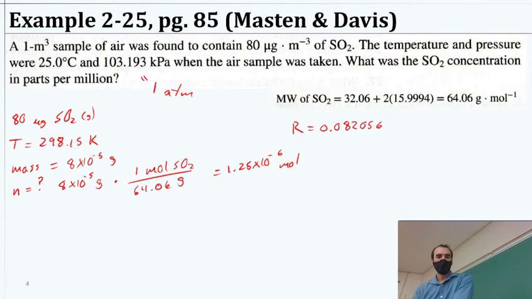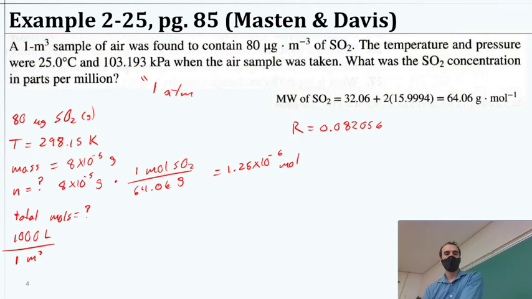All right. So that said, I wanted to know total moles in that 1 cubic meter. What we can do is say, well, we know there's 1,000 liters in a cubic meter. So we can write that relationship there.